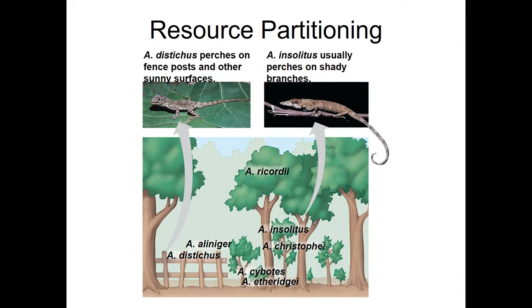So what this division of niches leads us to is something called resource partitioning. This is the most common mechanism of coexistence, and it's related to this idea of your realized niche. Resource partitioning is exactly what it sounds like.